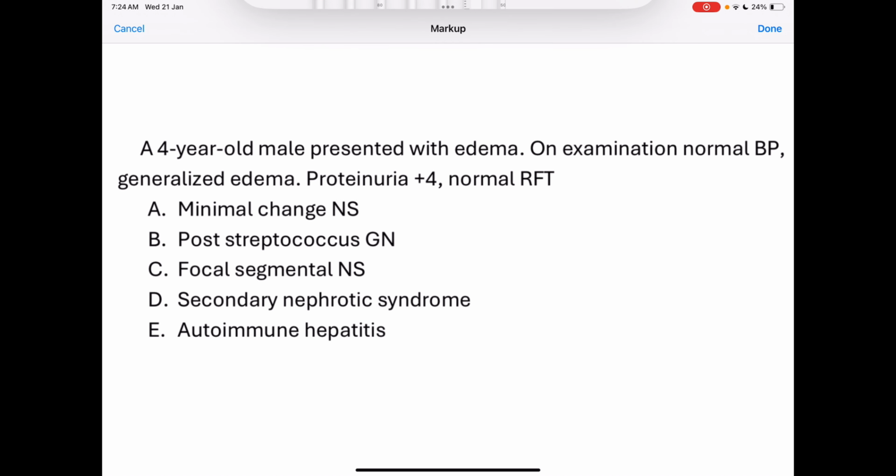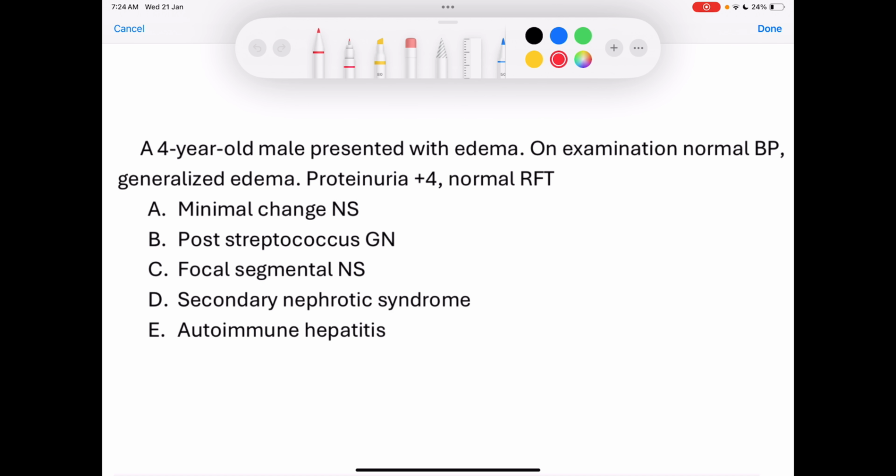Okay. A 4-year-old male presented with edema on examination. He had normal blood pressure, generalized edema, proteinuria +4, and a normal renal function test. What would be your diagnosis? Okay, 3, 2, 1. It is minimal change disease.